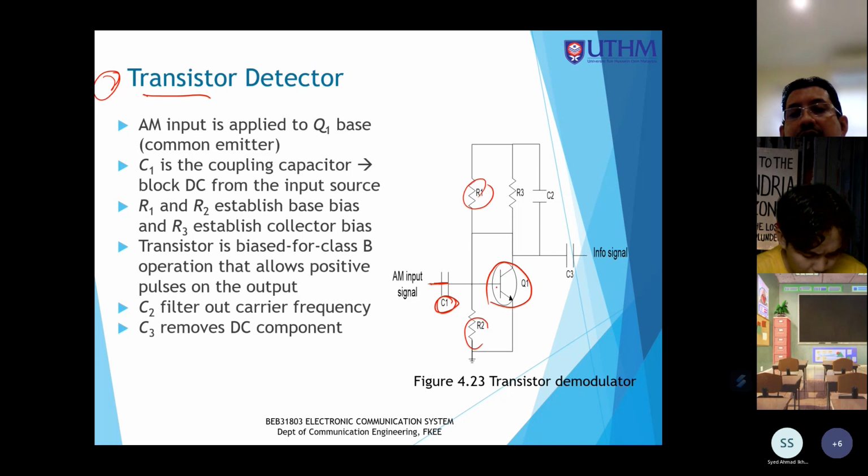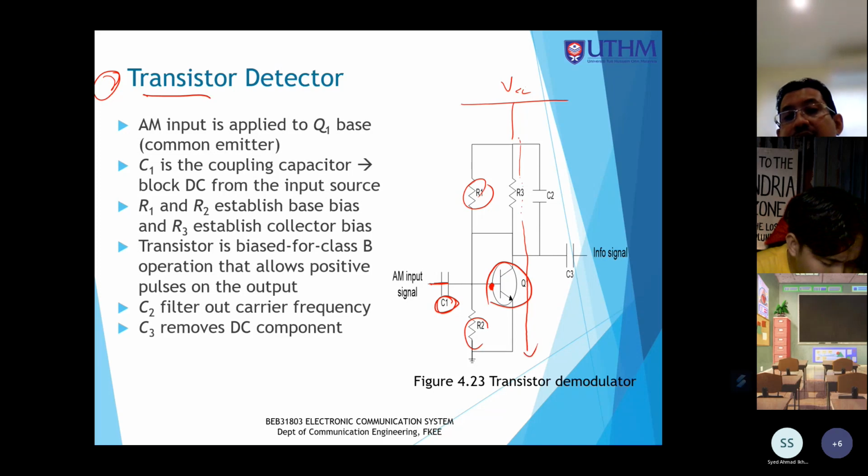Dan kalau you lihat, so again, this input will control the current that flows from the VCC. Okay, so if the voltage at the base is more than the threshold voltage, maka current boleh mengalir daripada collector kepada emitter.